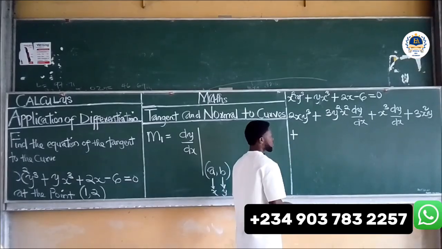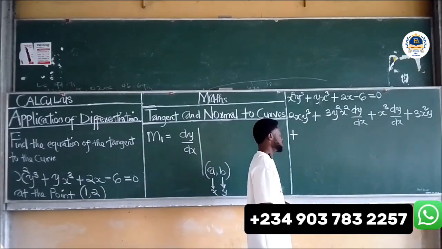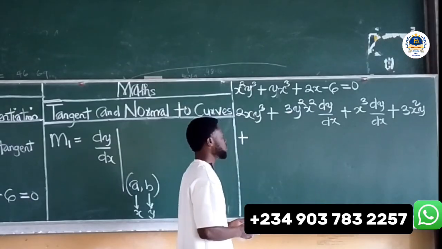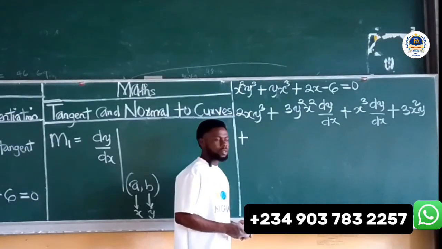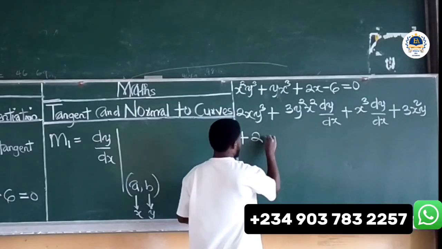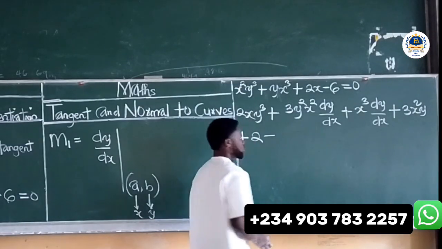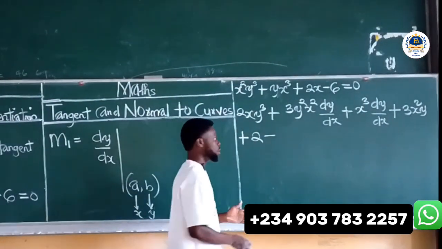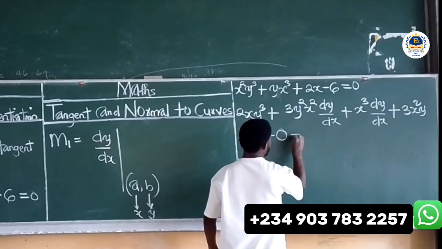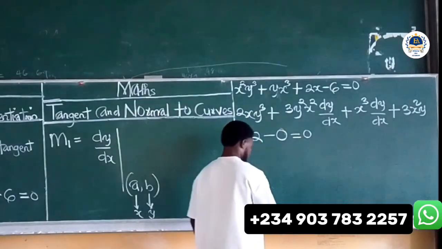Plus, let's differentiate the next term, 2x, and the derivative of 2x is 2. Minus the derivative of a constant term, which is 0. This is equal to 0.